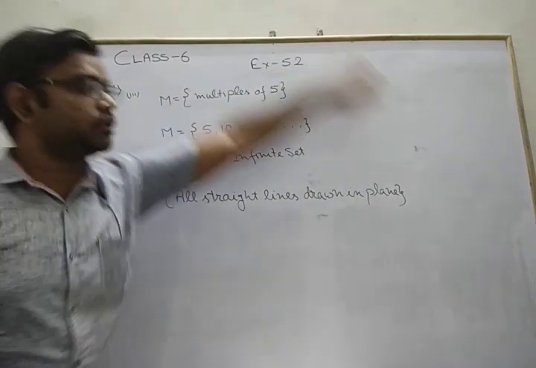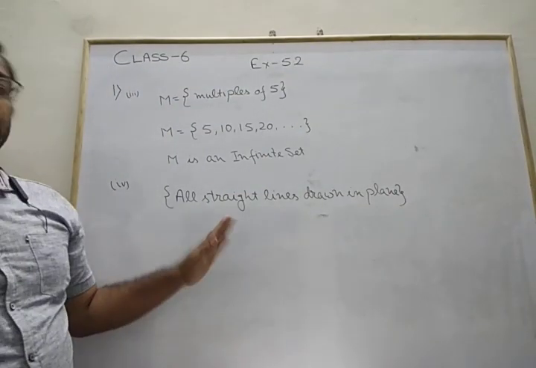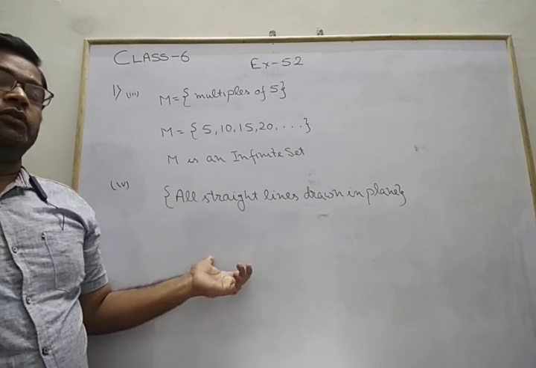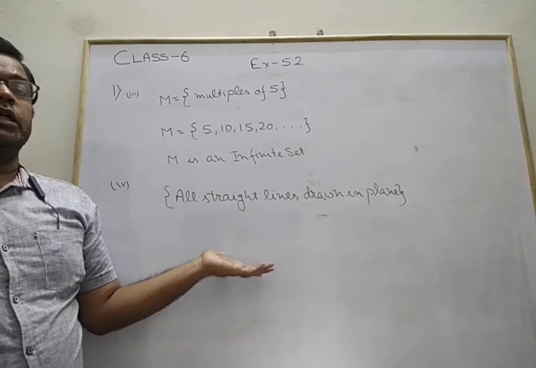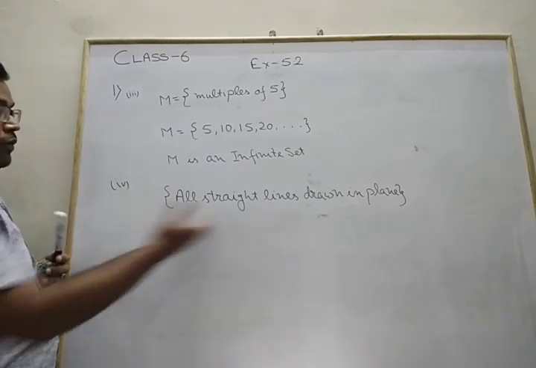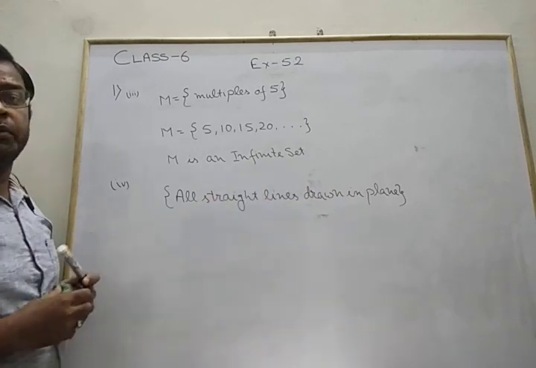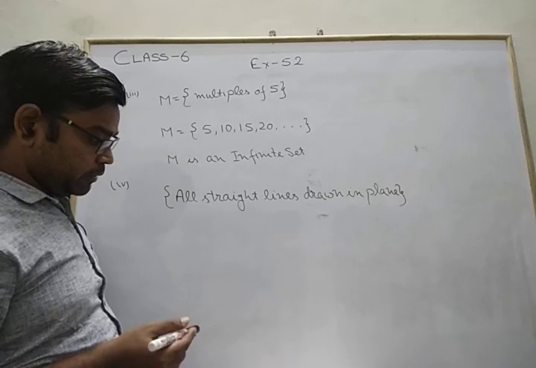Suppose this one is a complete plane. This board is an example of a plane. In this plane, how many straight lines can we draw? An uncountable number of straight lines we can draw. So it is also an example of an infinite set. So move to the next part.